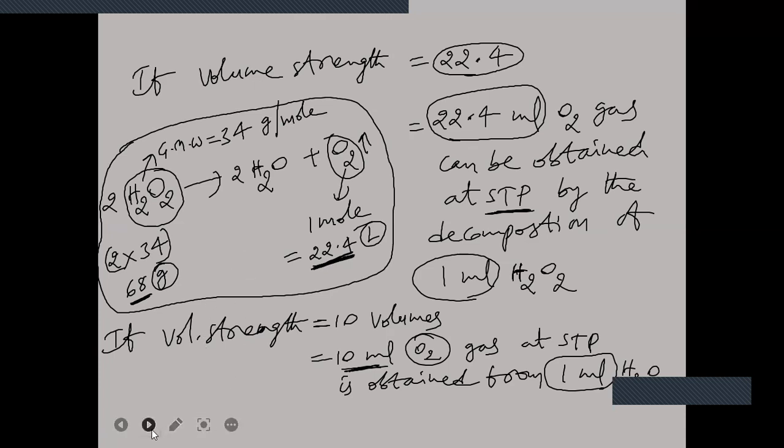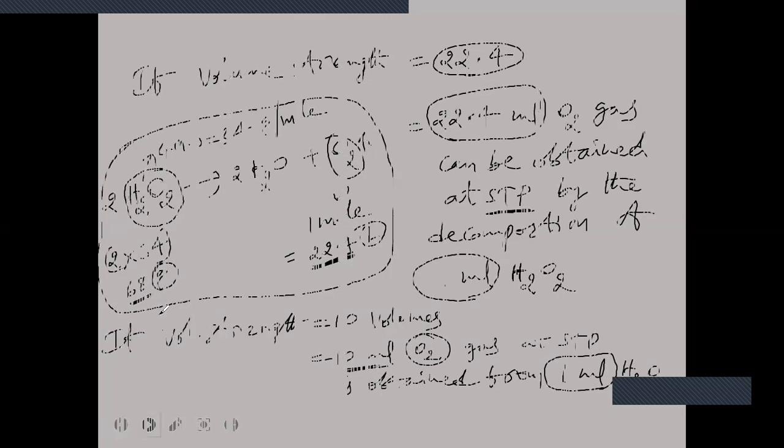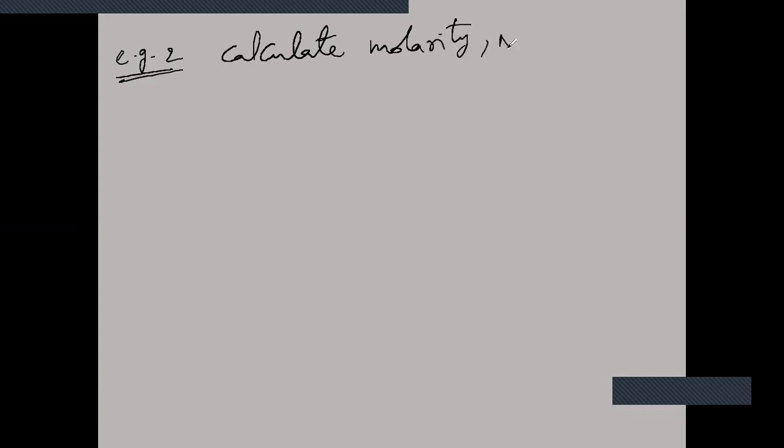That's all. There is a relation to the answer. Now, next, suppose you take 100 volumes. One more question here, example 2. Calculate the molarity, normality, and weight by volume percentage of 100 volumes H2O2.